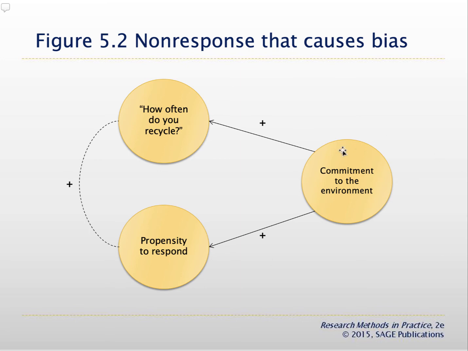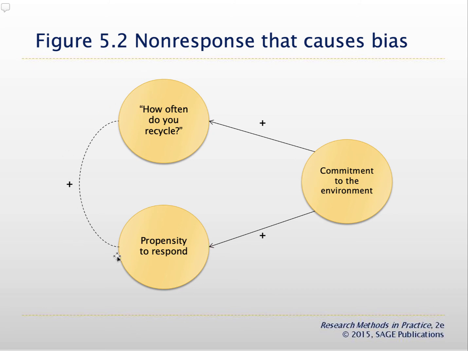Another way of looking at the same idea here is: here is the variable we want to measure. How often do you recycle? Here's the propensity to respond, and here's commitment to the environment. More commitment to the environment causes, note the direction of that arrow, being more likely to recycle. More commitment to the environment, yes, I do want to respond and help you in your survey.